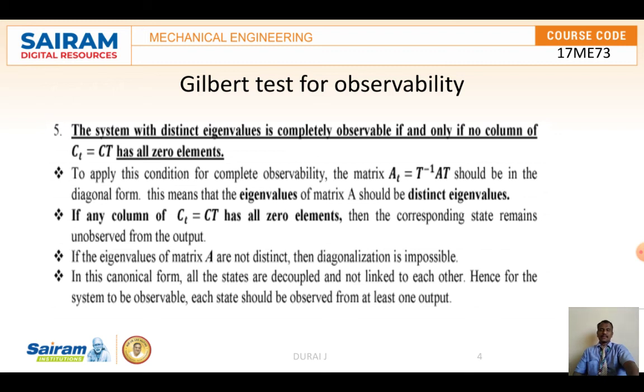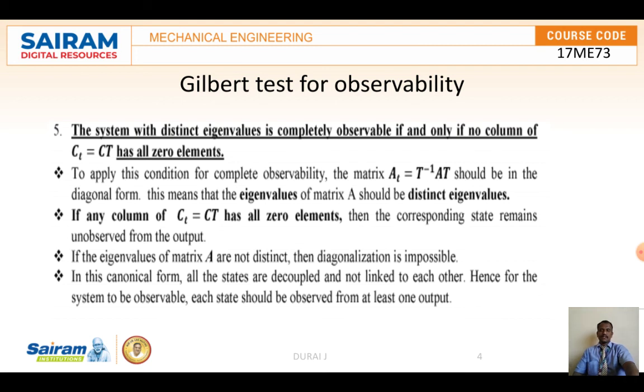Okay, so this is what you should remember in Gilbert's test for observability. AT is equal to T inverse A T should be in the diagonal form. That means the eigenvalues of matrix A should be distinct. If CT has a column with all zero elements, it means the corresponding state remains unobserved from the output. If the eigenvalues of matrix A are not distinct, then diagonalization is impossible.